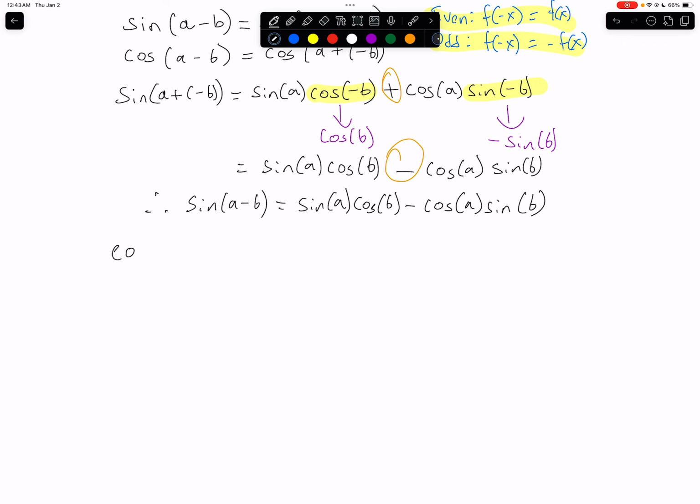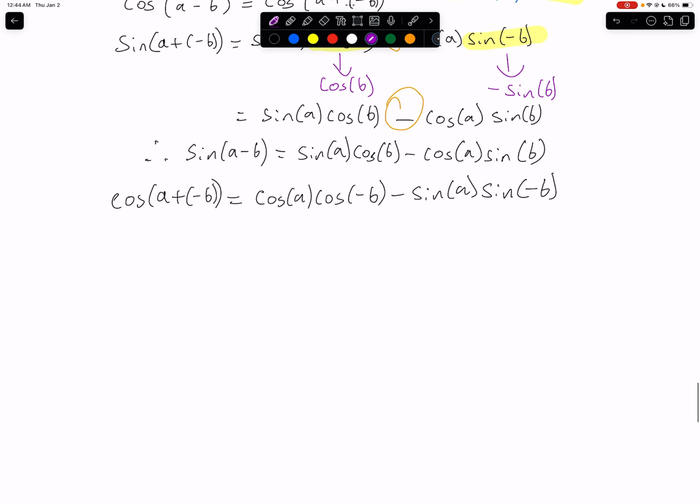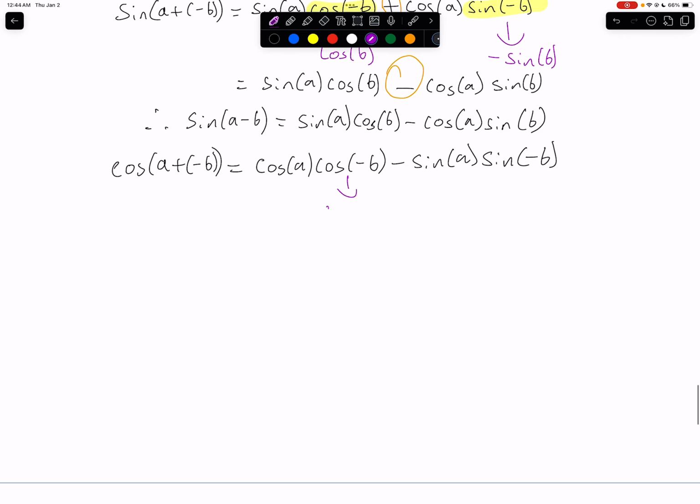Now for cosine. Cosine of a plus negative b equals cosine of a cosine of negative b minus sine of a sine of negative b. Again, with the even and odd identities, this should be cosine of positive b, and this should be negative sine of b.